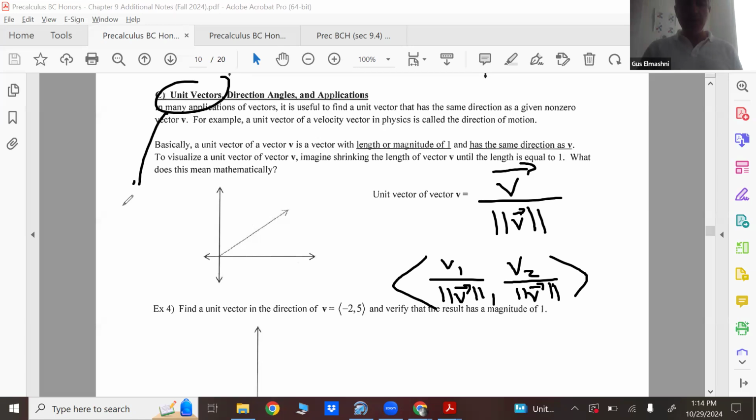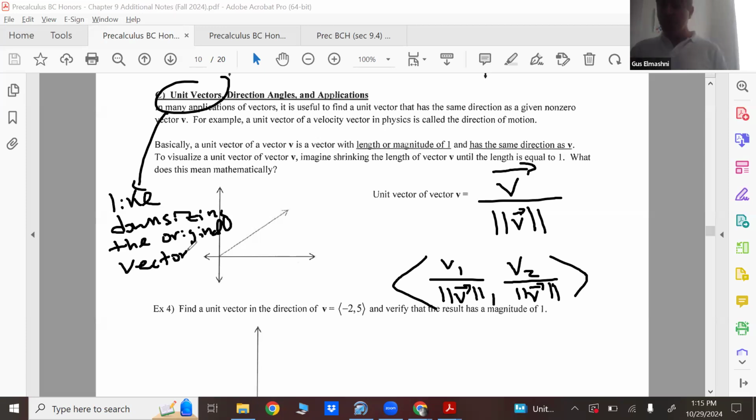The unit vector is like downsizing the original vector. Yes, go ahead.